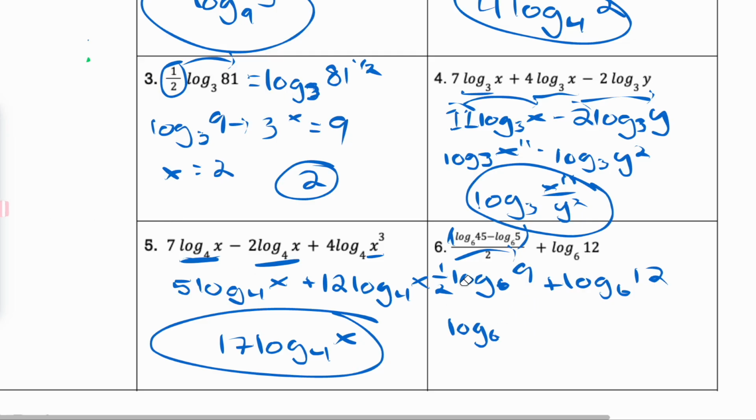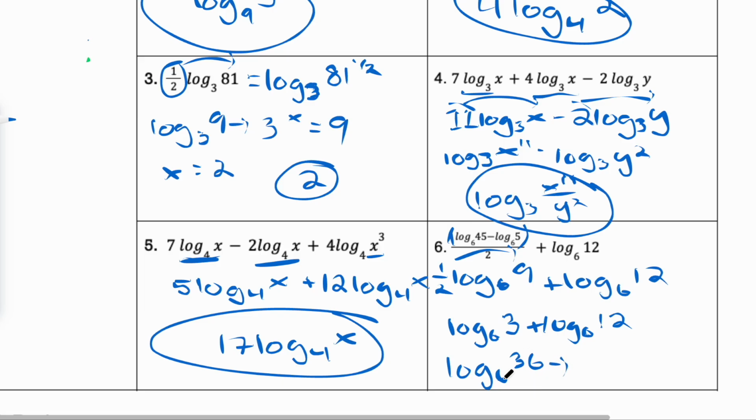So I'm just going to raise this and say 3, plus log base 6 of 12. Now, here we have addition. We have the same base. So what I'm going to do here is just say log base 6 of 3 times 12, which is 36.